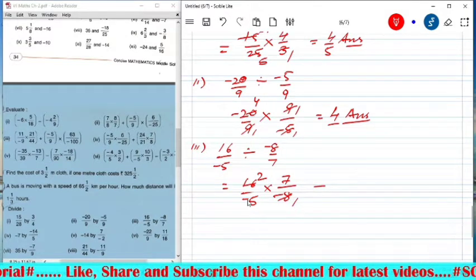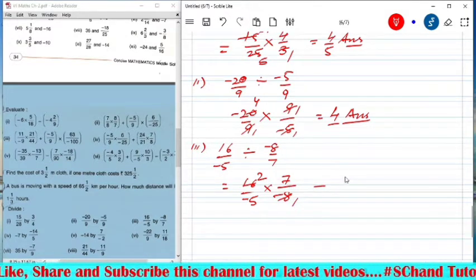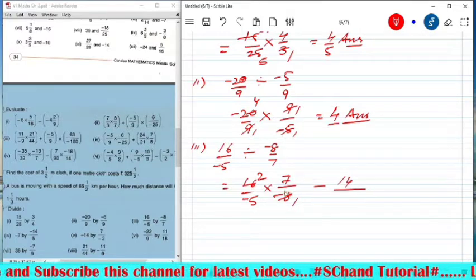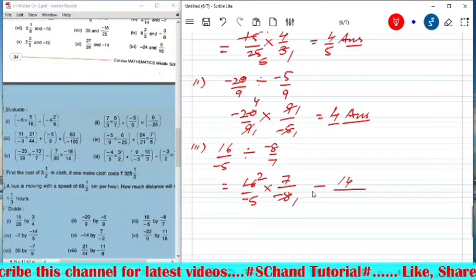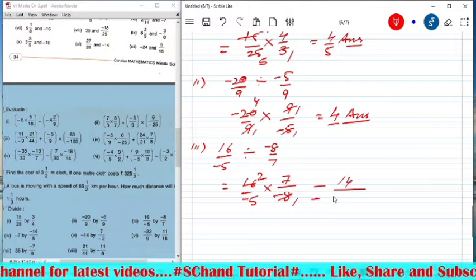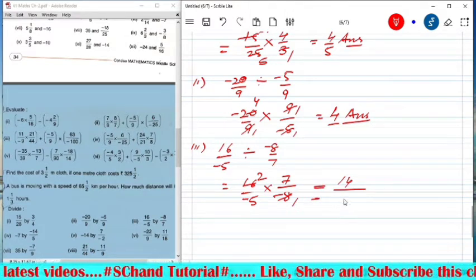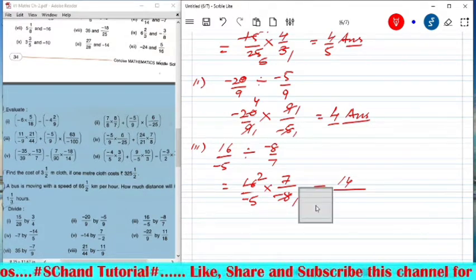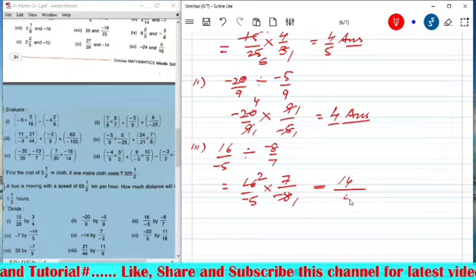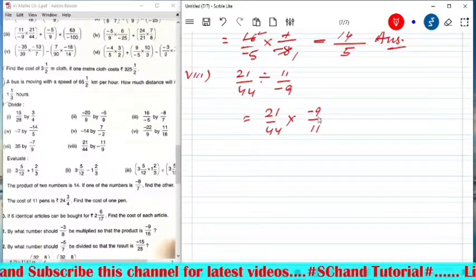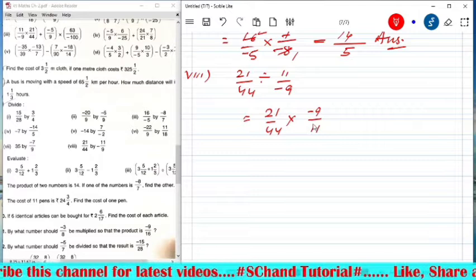Then minus into minus is plus, 2 sevens are 14 over, so this is 14 over 5, is it coming in any table?